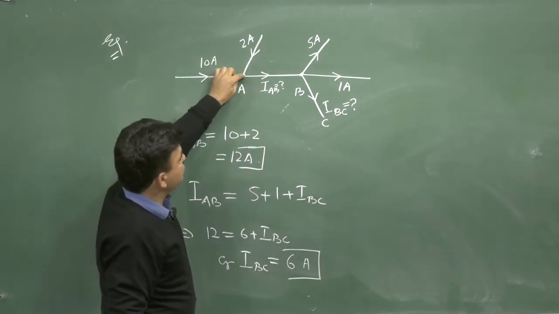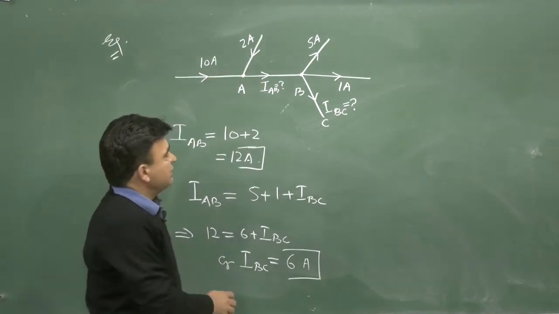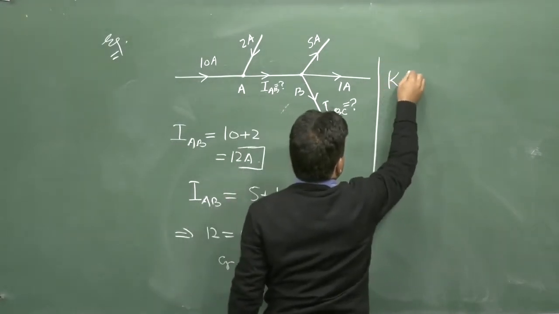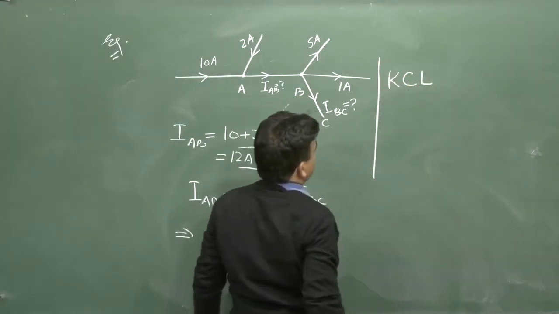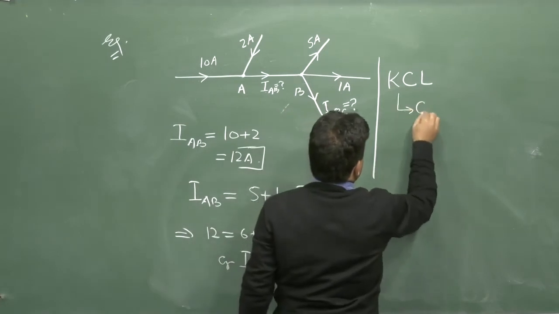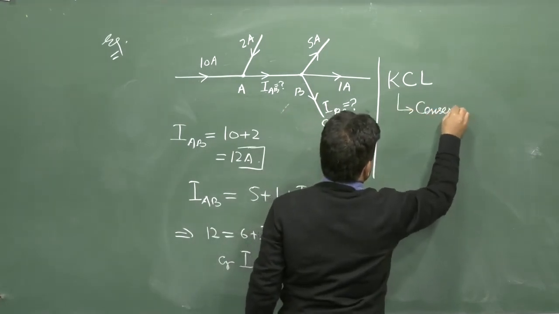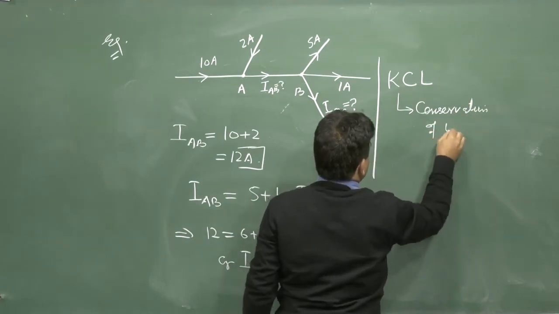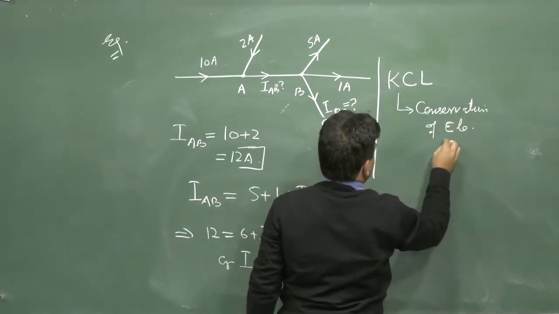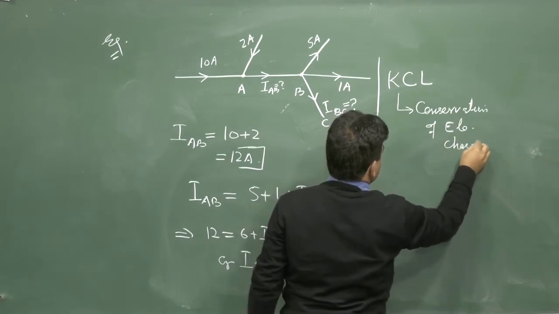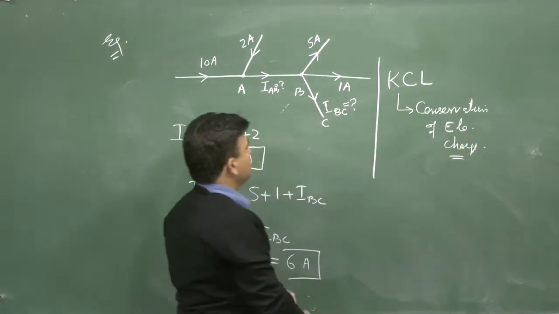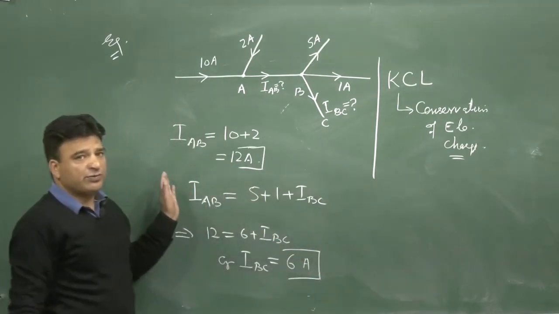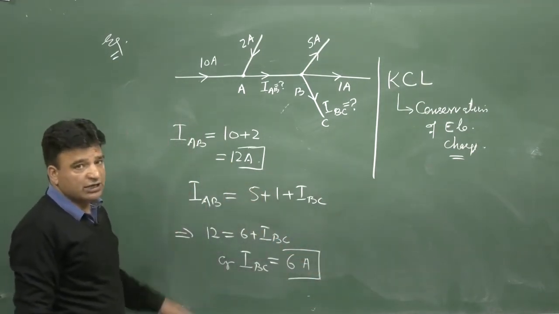That means there is no charge stored at the junction. That is why we are saying that KCL, that is Kirchhoff's current law, is based on conservation of electric charge, as no charge is stored at the junction. So this is what we have from the Kirchhoff's current law.